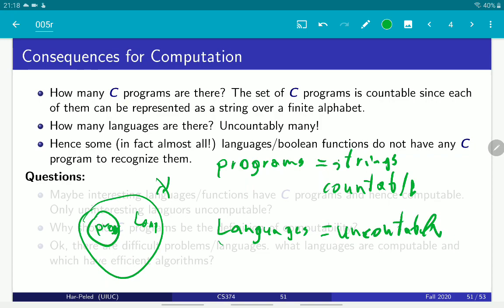So there are way more languages than any program can recognize. Inherently, there's going to be a lot of languages that no computer can recognize, which is kind of surprising, but not too deep, in the sense that this was known more than 120 years ago.